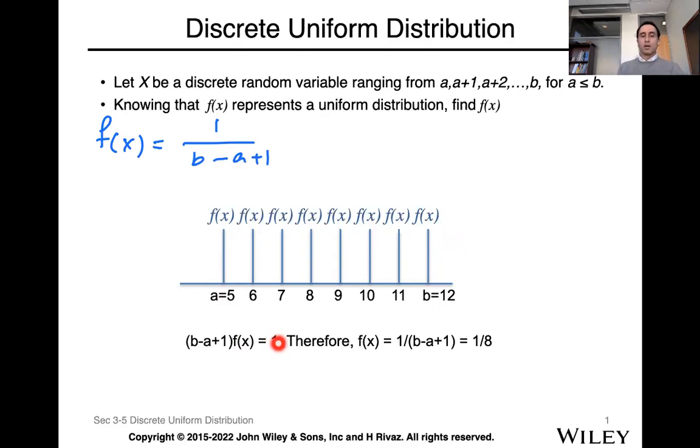That's one of the axioms of probability. The total probability is 1, right? So how many bars do I have here? The number of bars is actually b minus a plus 1, right? So since f of x times b minus a plus 1 is 1, therefore f of x is basically that, the equation for the uniform distribution.